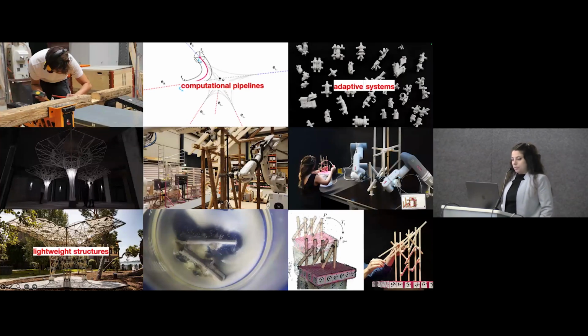So we essentially look at lightweight structures and adaptive systems. We develop new computational pipelines to do that. And the methods we are using are 3D printing, construction robotics, and also interactive fabrication workflows.